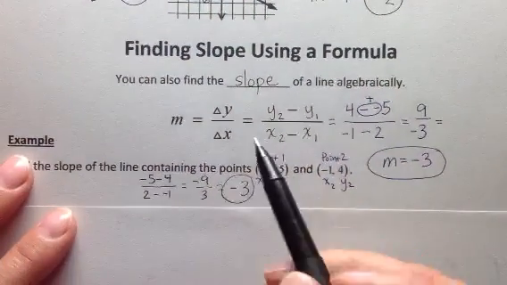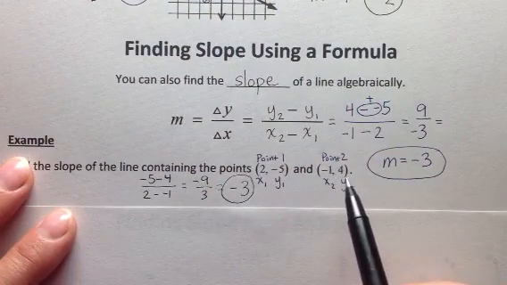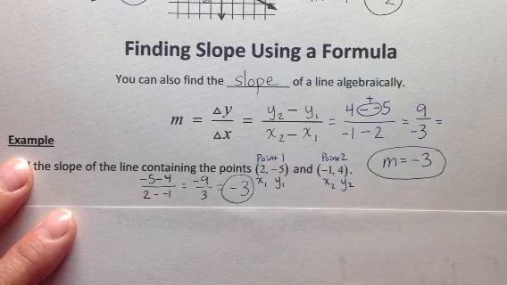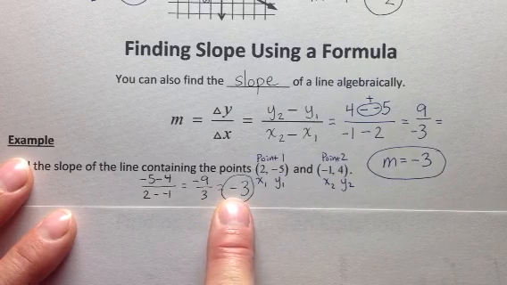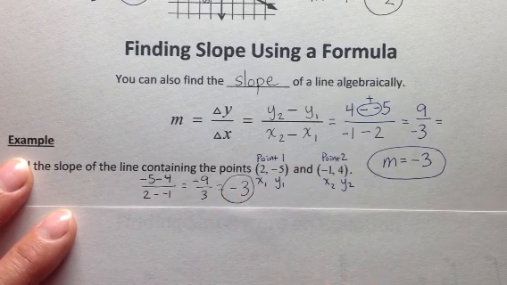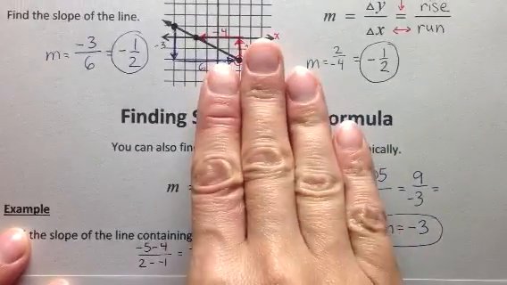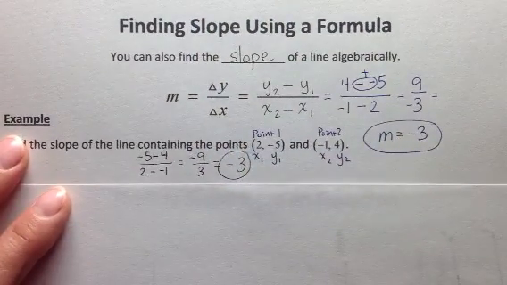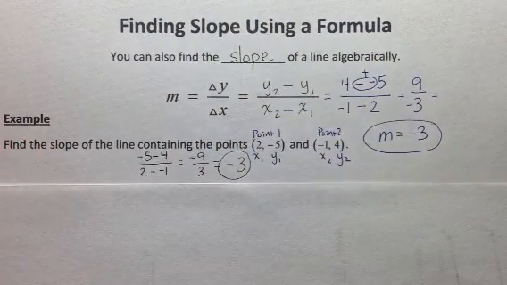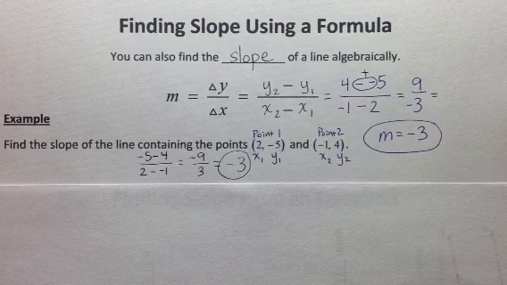I could take those 2 coordinates, 2, negative 5 and negative 1, 4, graph them, and make sure that I get negative 3. If I get the same slope both algebraically and graphically, then I'm feeling really good about my answer. If I get 2 different things, hopefully I take a closer look and figure out where my mistake is.